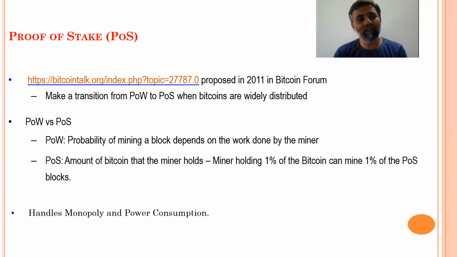And definitely in proof of stake, any miner will require some Bitcoin. So he has to participate in the PoW network to earn some Bitcoin, and then he can participate, or he may purchase some Bitcoins.